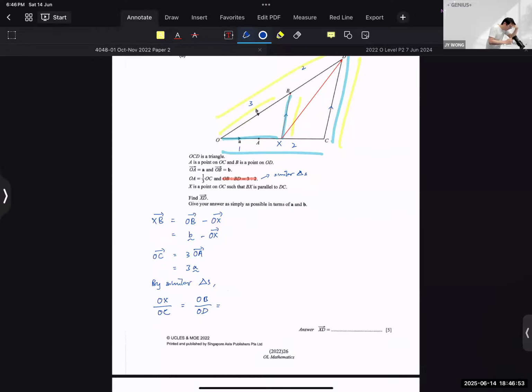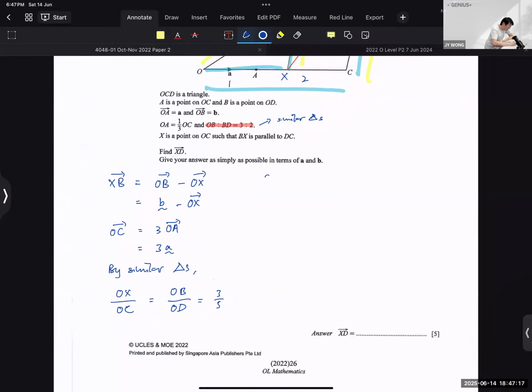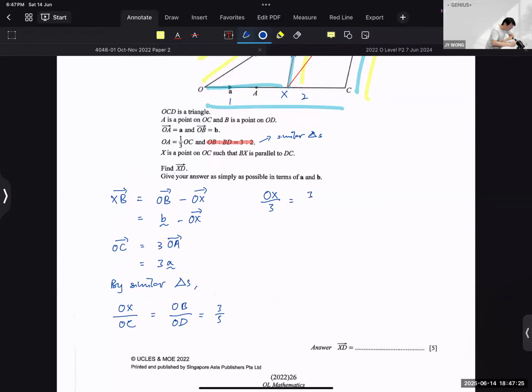What is OB over OD? 3 over 5, right? And do you realize OC is exactly 3? It's 3 parts. So OX over OC, and OC is 3 parts, right? Is equal to 3 over 5. What do I do here? What is OX?